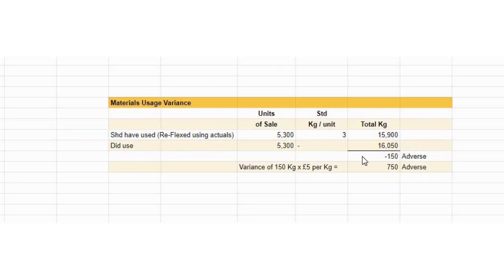So again, it's adverse because what should have been used in creating 5,300 units took 150 kilograms more than expected according to the reflexed actuals here. So the variance of 150 kilograms at £5 cost per kilogram is a £750 adverse variance.